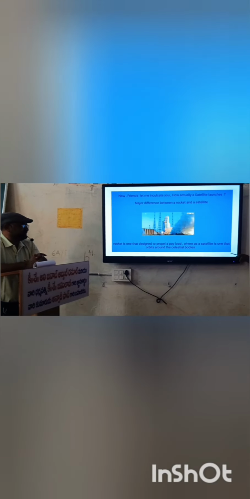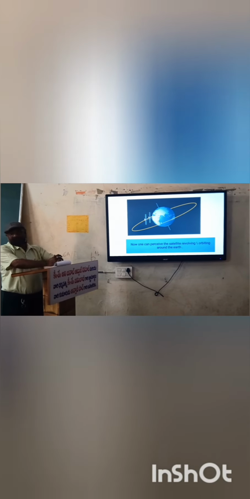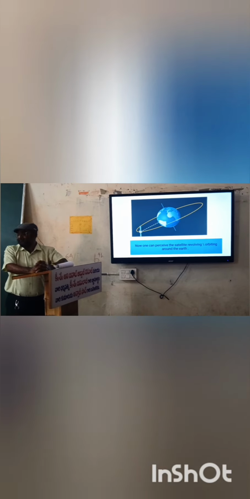Now one can perceive a satellite orbiting around the Earth. This is a beautiful panoramic view of a satellite. One can observe how the satellite revolves around the Earth.